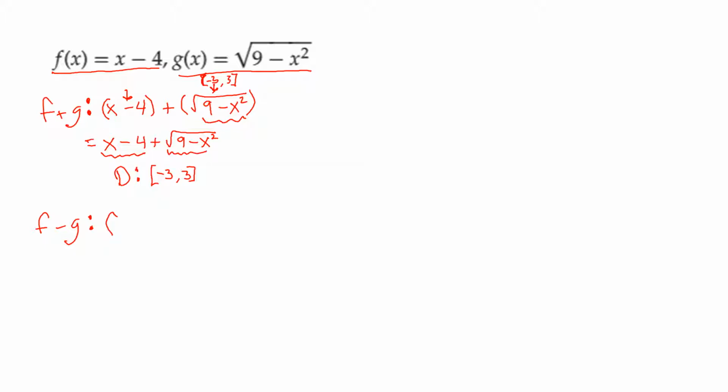And f, we have x minus 4, and then minus, and then we have g, which is the square root of 9 minus x squared. And then we take away the parentheses, and we get x minus 4 minus square root of 9 minus x squared.